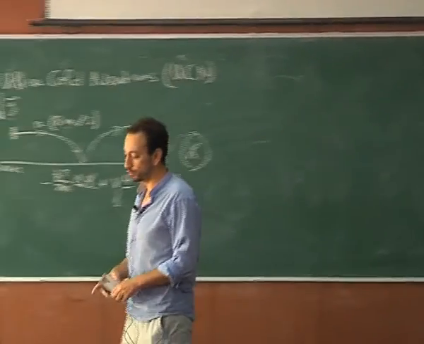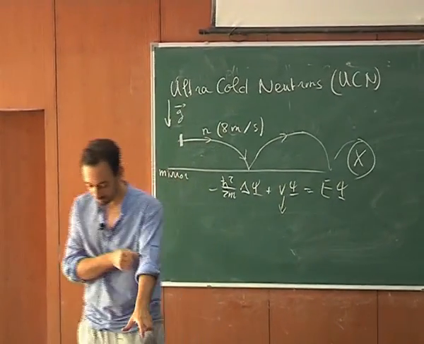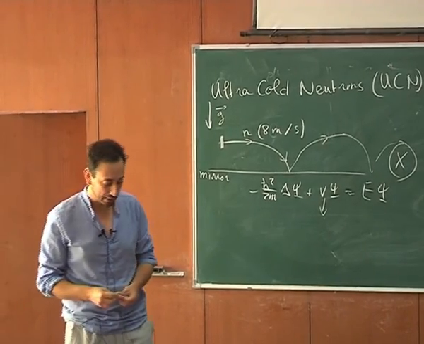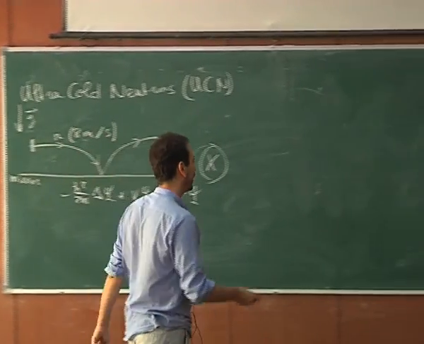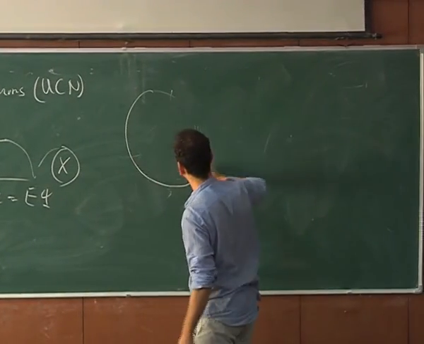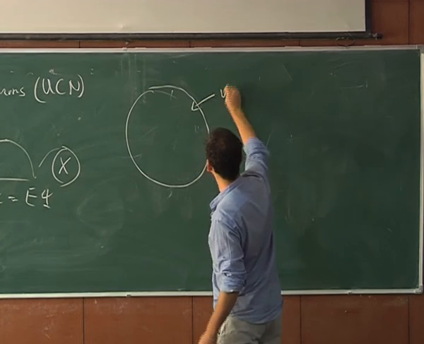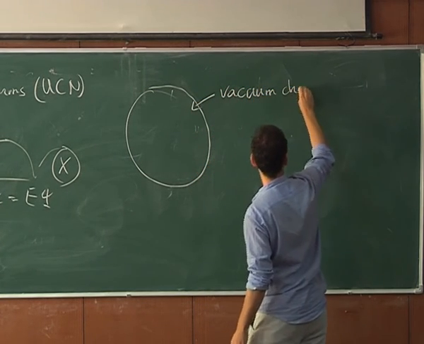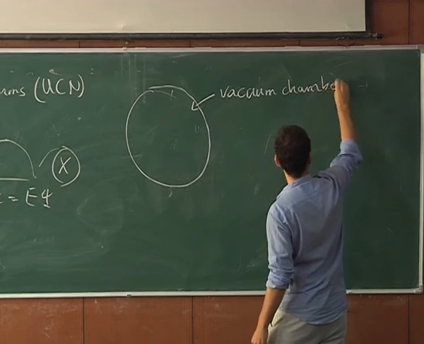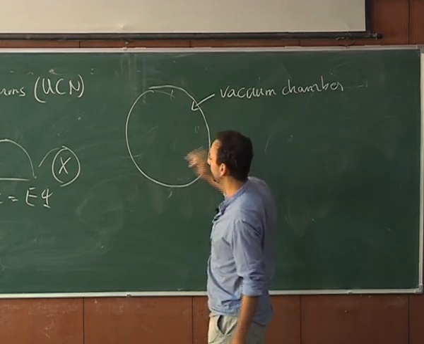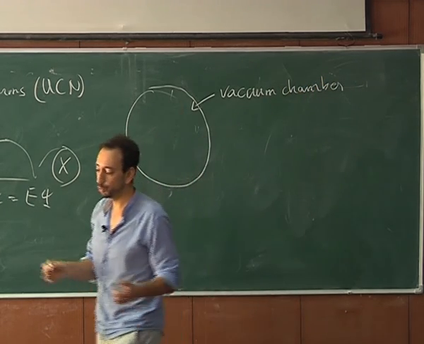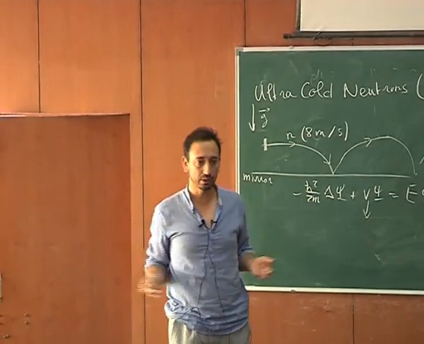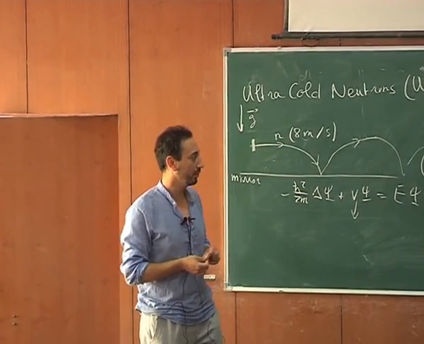Another one which gives really good constraints and which killed a list of models actually is the vacuum chamber. The idea is to take a vacuum chamber, so actually, you really do vacuum here. The idea is to reproduce, in some sense, the universe, because in the universe it's almost vacuum, but you reproduce it in the lab.